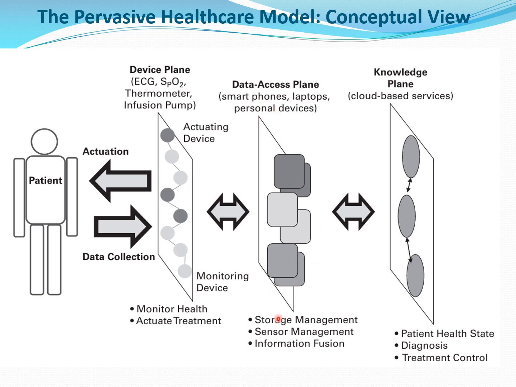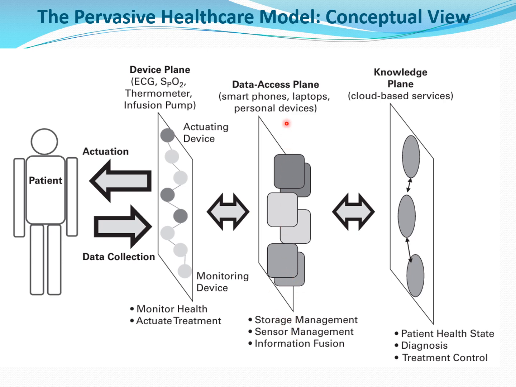What happens in the data access plane is data management, data storage management, sensor data management, and information fusion. That is, you can gather or combine data from various sensors and an action can be made.